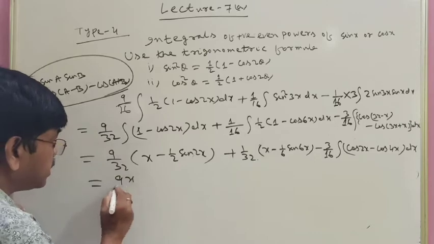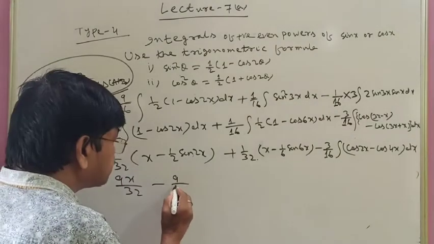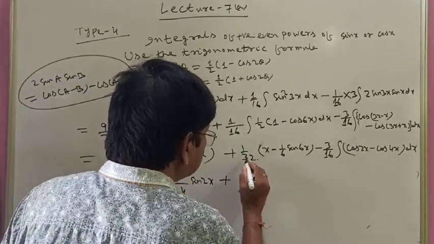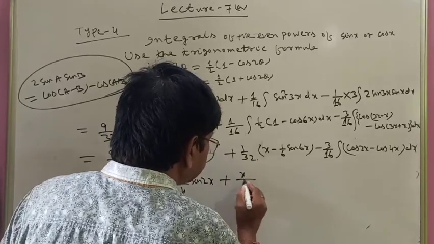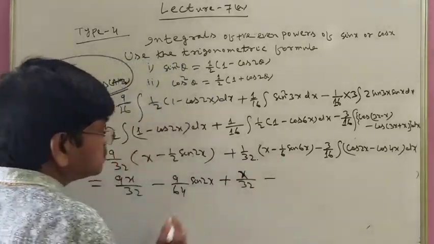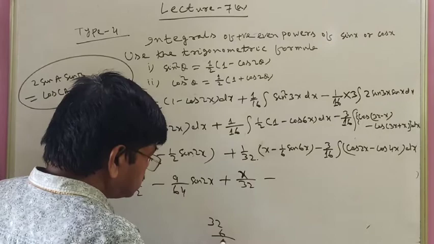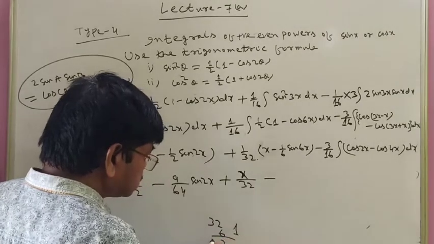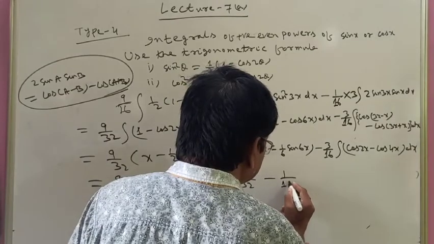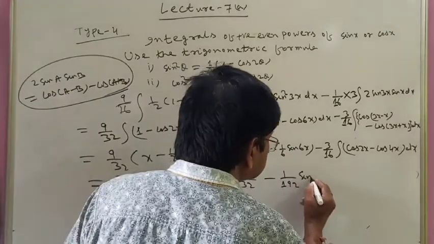So this becomes 9x by 32 minus 9 by 64 sin 2x. And this becomes 1 by 32 into x, that is x by 32. And this becomes what? 32 into 6 is 192, so it is 1 by 192 sin 6x.